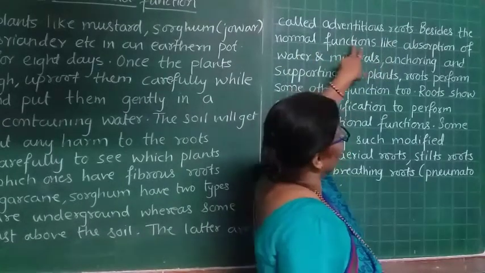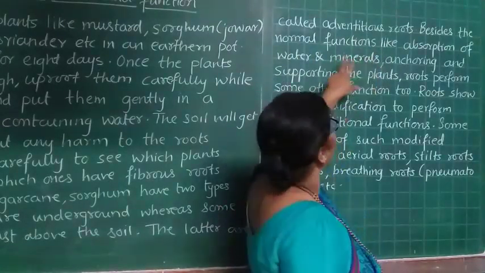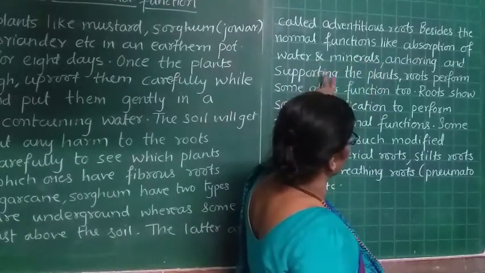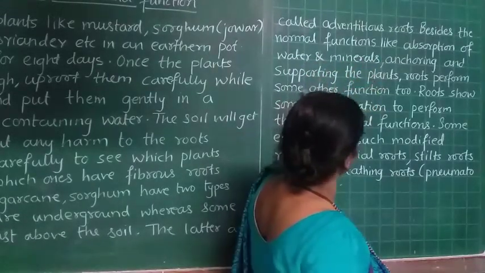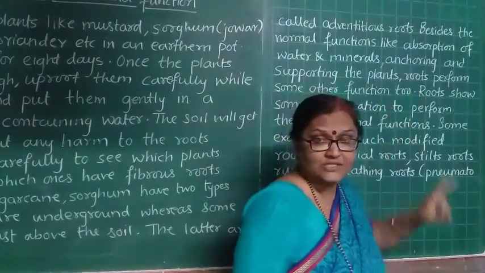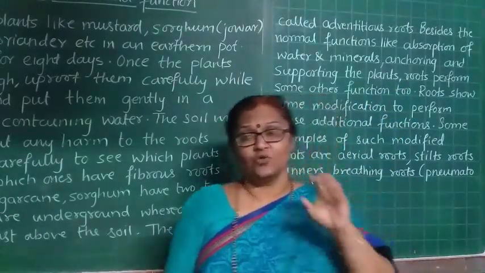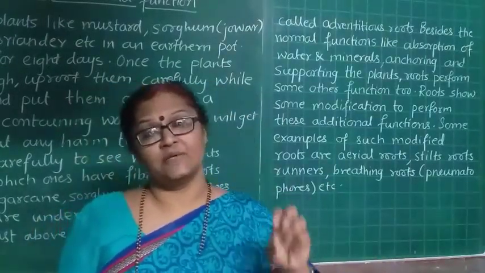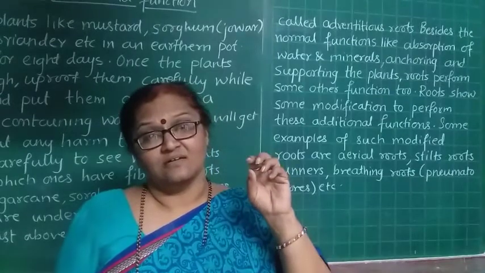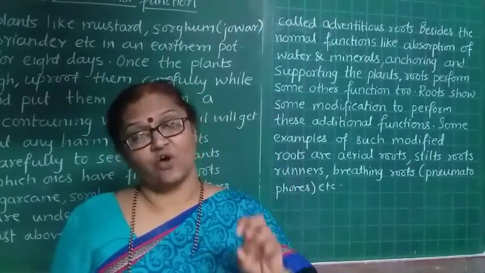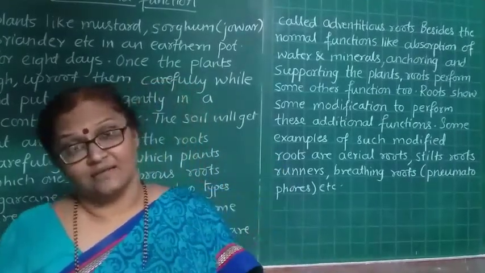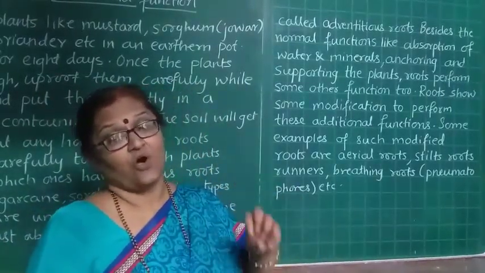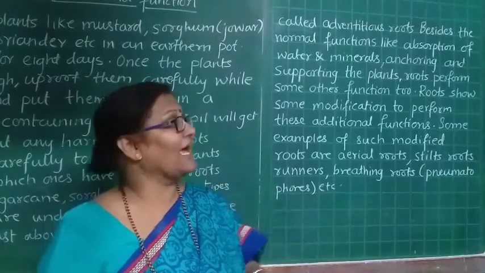Besides the normal functions like absorption of water and minerals, anchoring and supporting the plant, roots perform some other functions too. We know that the root absorbs water and minerals from the soil. But besides this, they also do the functions of supporting, or you can say anchoring.